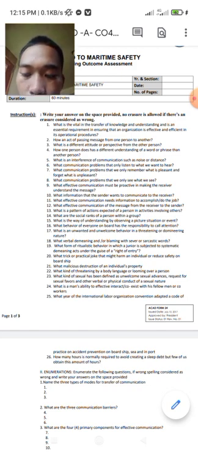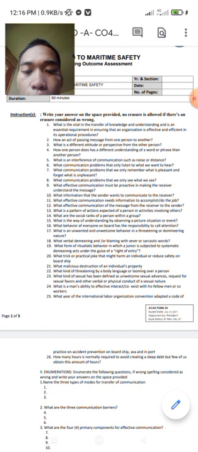So number 23, what kind of behavior has been defined as unwelcome sexual advances, requests for sexual favors, and other verbal or physical conduct of a sexual nature? That is sexual harassment. It was called sexual harassment because they are requesting sexual favors.